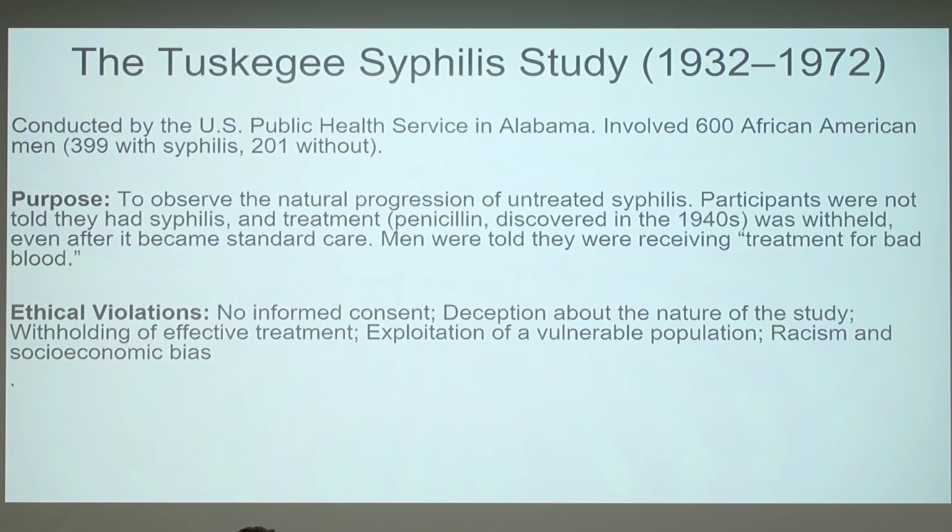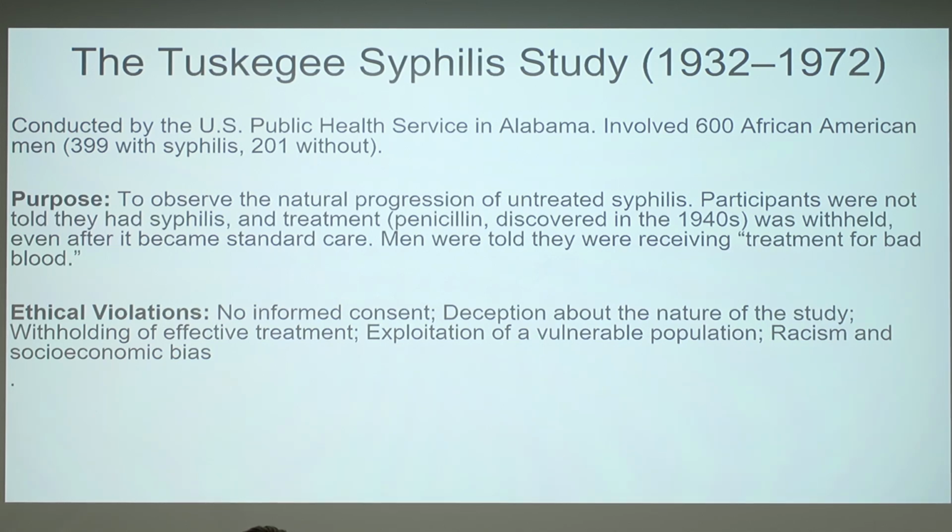And same thing with the Tuskegee syphilis study that happened for a 40-year period, where syphilis was given to 600 African American men in Alabama to test the disease progression. Even after it was found that penicillin would have treated them, they weren't given the penicillin.